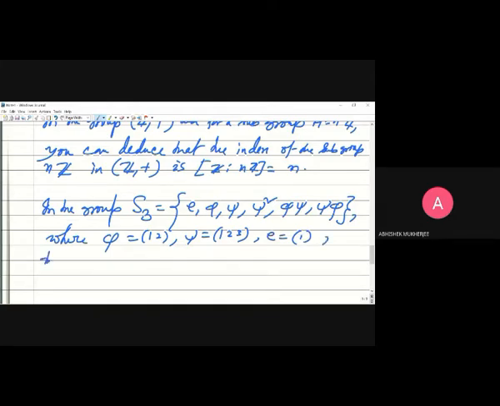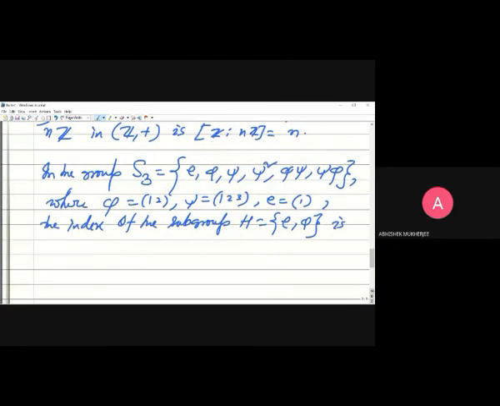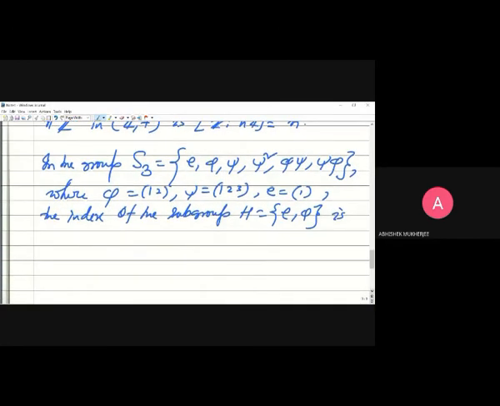Then the index of the subgroup H equal to {E, phi} has been calculated, and we have 3 distinct left cosets.